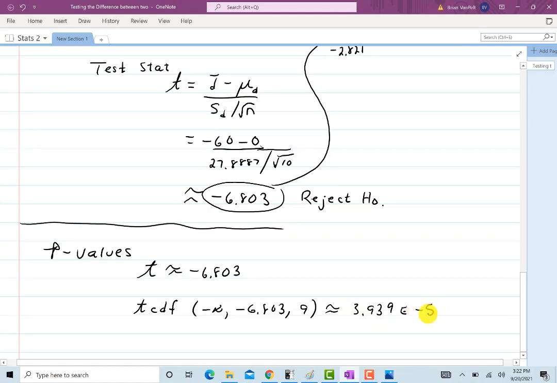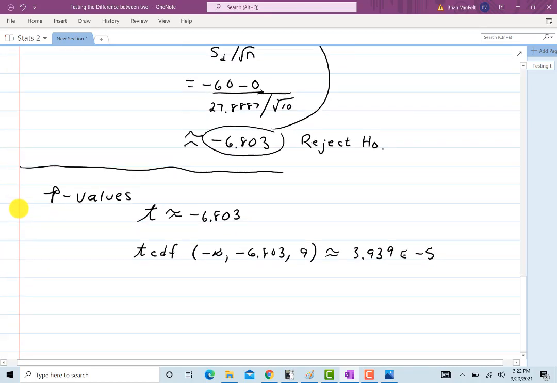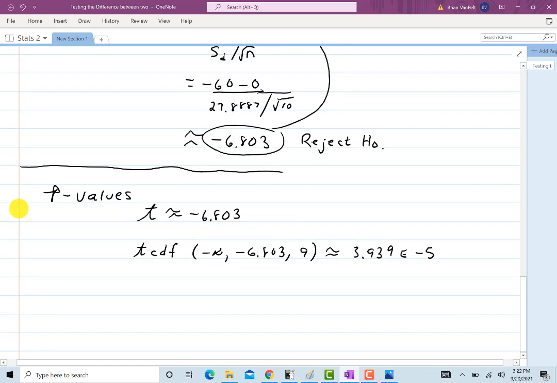Well, it doesn't do you much good if you don't know how that actually stacks up to a number. That E negative 5 means you move the decimal to the left 5 places. So you end up with 0.00003939. And then alpha, if you'll remember, was equal to 0.01.